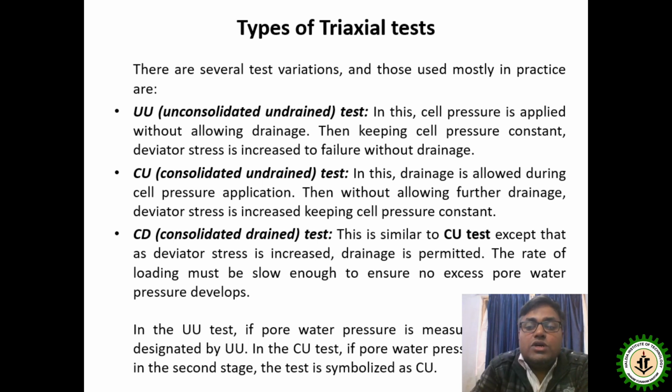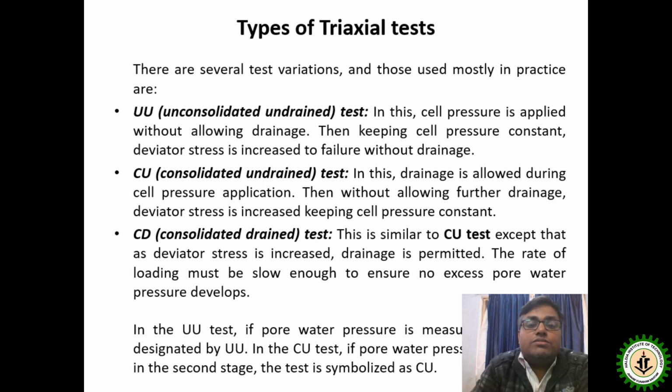In the axial direction, we are applying the deviator stress, which is represented by sigma 1 minus sigma 3, and along the lateral direction there will be only our sigma 3, that is the cell pressure or confining pressure. So from these values we will find out sigma 1 and sigma 3, and we have to plot the Mohr circle. Then we have to find out the cohesion C and phi value.